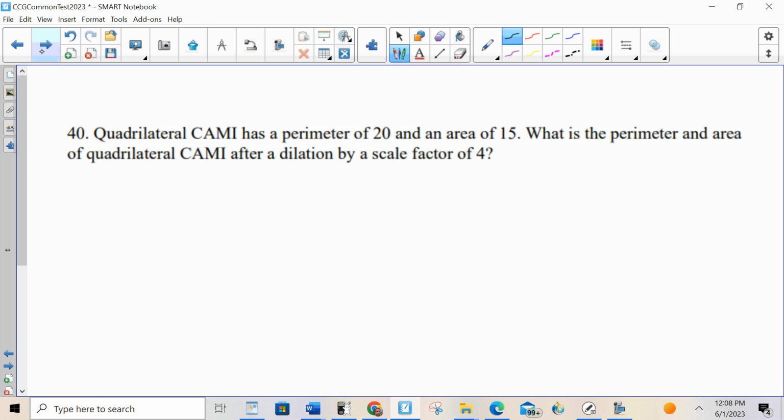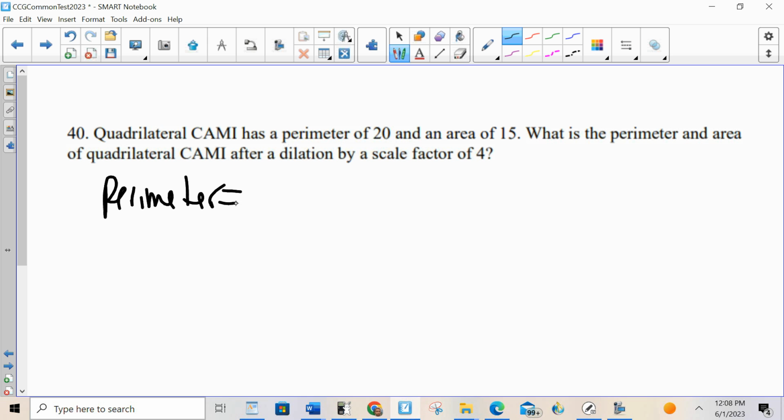Now, dilating a line segment or dilating a shape. To find the length of a segment, I didn't even put it on here, but you're just going to multiply the scale factor by the original length. For perimeter, it's the same thing.